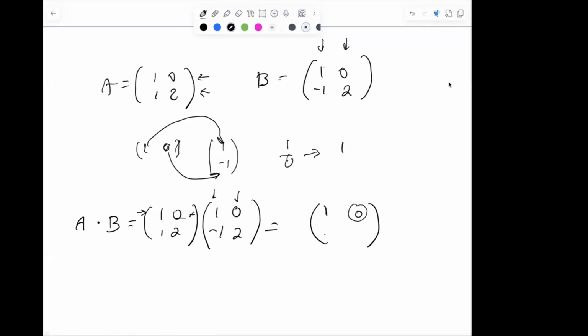Now I take this row, 1, 2, and multiply it by this column. So it's 1 times 1, which is 1, minus 2, and I get here a minus 1. And for the last one, I get this row times this column. So it's 1 times 0, which is 0, plus 4, which is 4. So that's the answer.